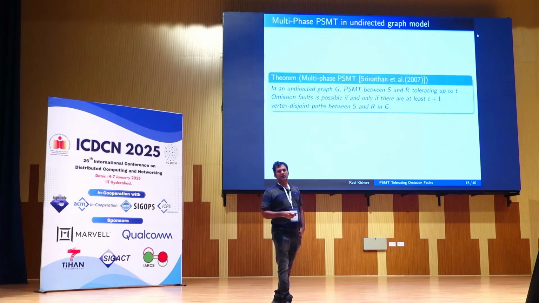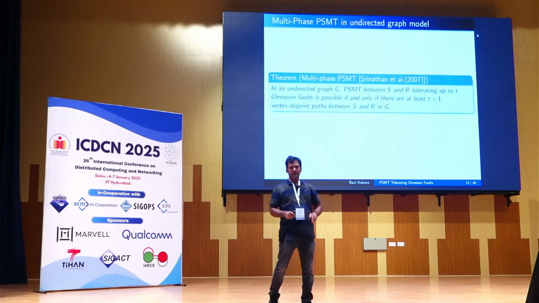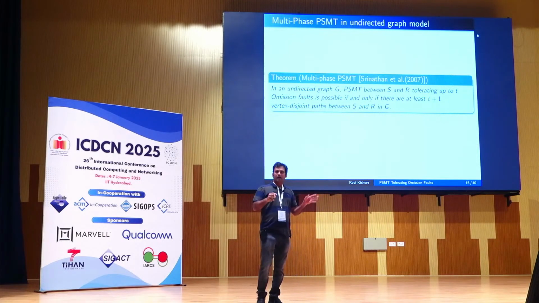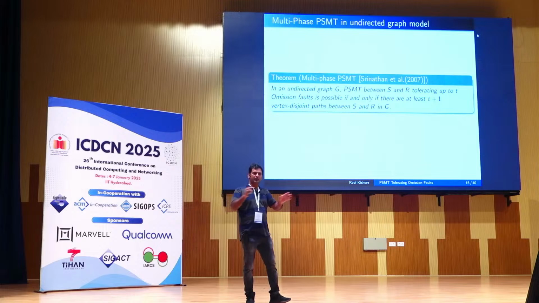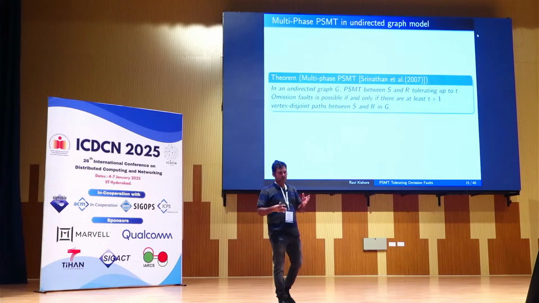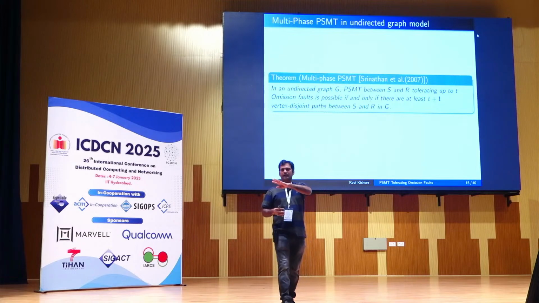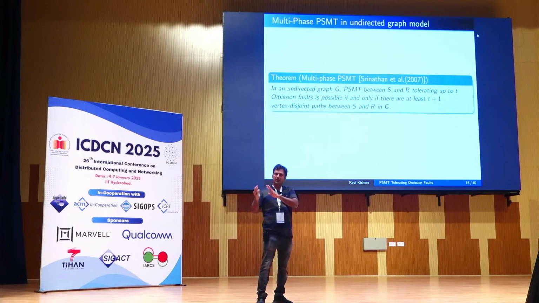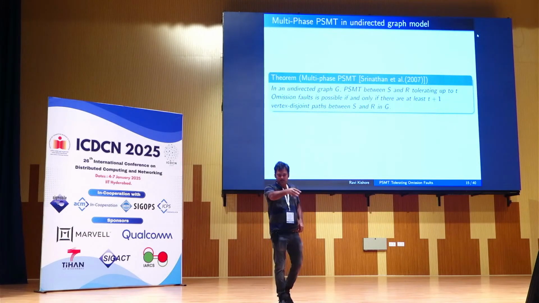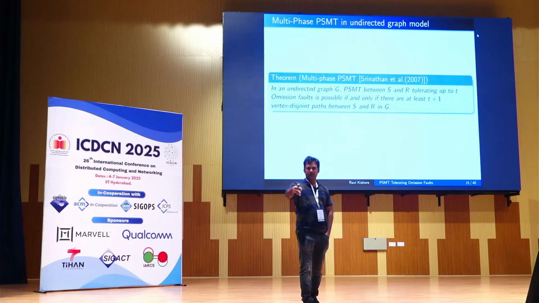And why is this sufficient? Because T plus 1 channels exist between sender and receiver. Now, sender and receiver can talk to each other reliably. So, sender tries to send some information securely to the receiver. And if something goes wrong, then the receiver is able to inform the sender that, see, these paths didn't deliver the message.